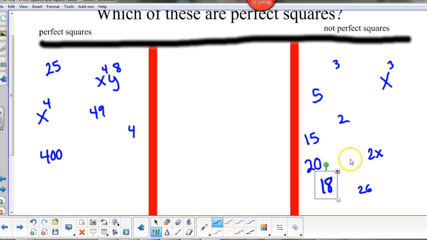One of the factors of 18 is 9, which is a perfect square. One of the factors of x to the third would be x squared, which is a perfect square. So we can't take the square root of these, this group over here. We can take the square root of these over here, right? But some of them we're going to be able to simplify a little bit because there are perfect square factors in them.